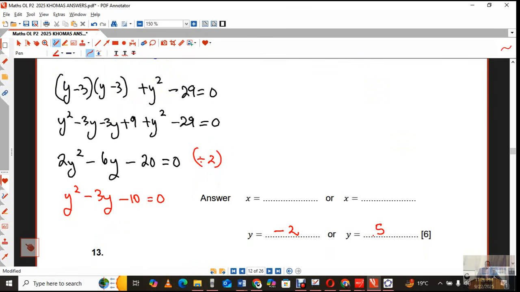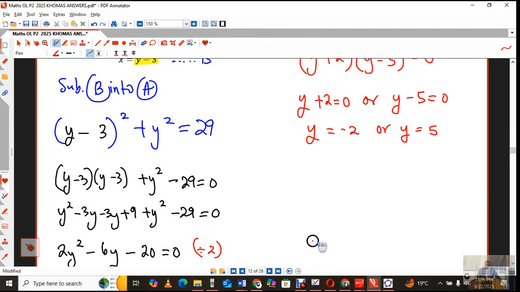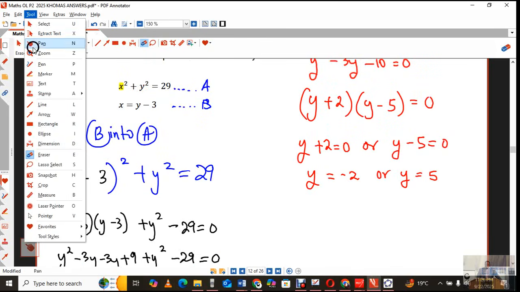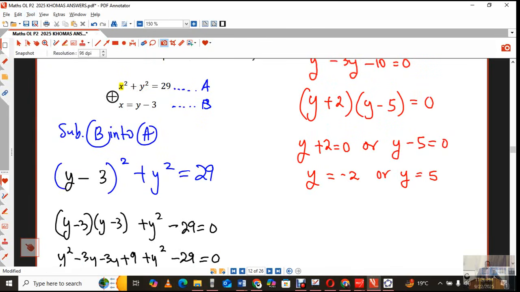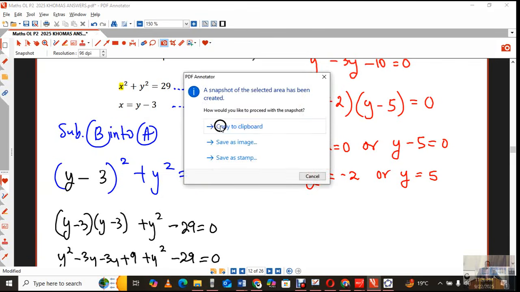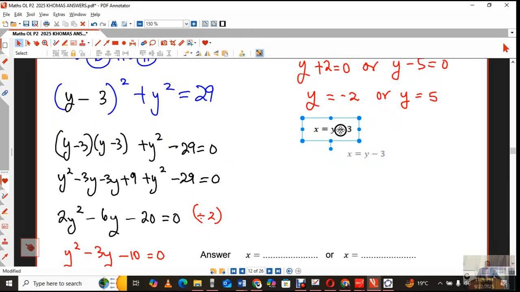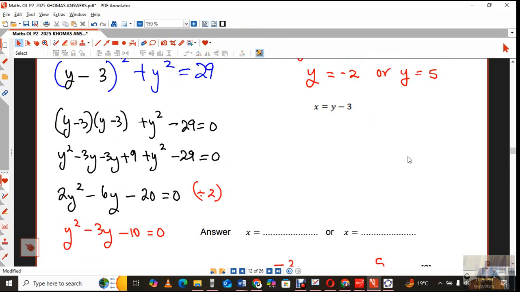So let's see. When y equals negative 2, I will suggest that you grab this equation in order to do that, because it's better to do the substitution in there. So if y is negative 2, what is going to be the value of x?